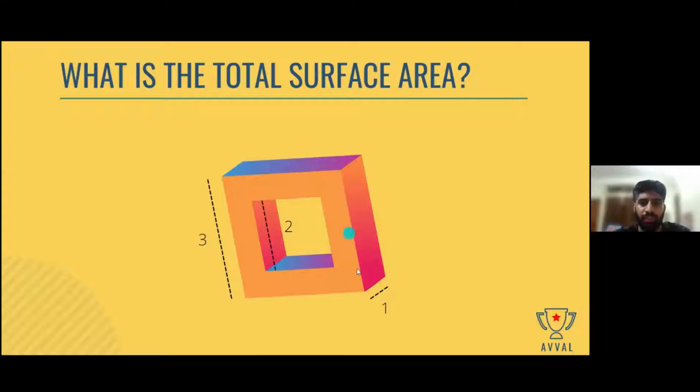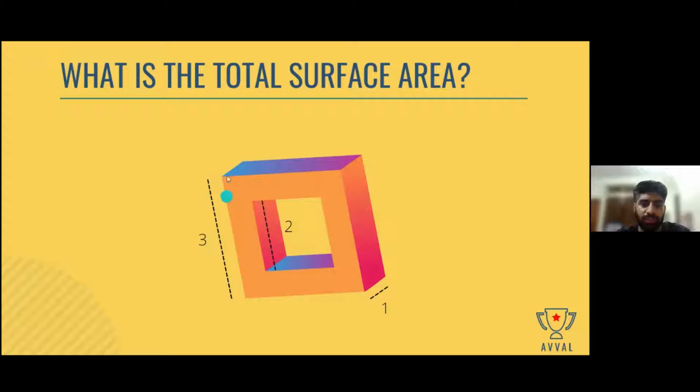Alright, starting with the simplest one, this surface has a side of 3 and we know that it's a square. So there are 2 ways to do it. Either we can break it up into 4 rectangles and calculate the area of each, or there's another interesting way, which is calculate the area of this whole square and subtract the area of this inner square, because that's not part of the surface, right?